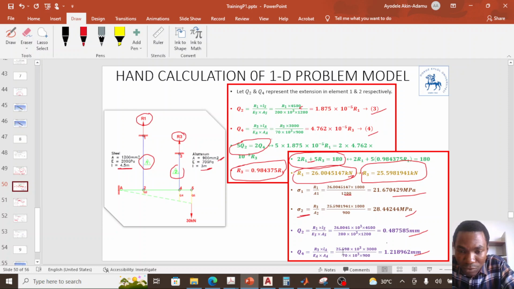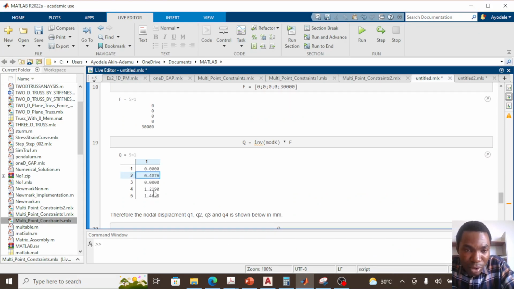Let's check what Q4 is. 1.2189, 1.2190. Almost the same. In our hand calculation, we didn't calculate Q5, but the finite element procedure is giving us the value of Q5 to be equal to 1.4628 mm.